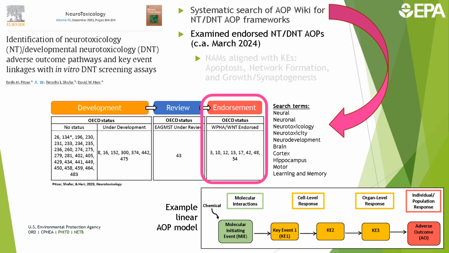This review I'm speaking about was conducted in spring of last year, so a few additional AOP models have since been added to the wiki site, but they're still limited in number overall, as well as not fully encapsulating all potential impacts to the brain or modes of action that could really be targeted.